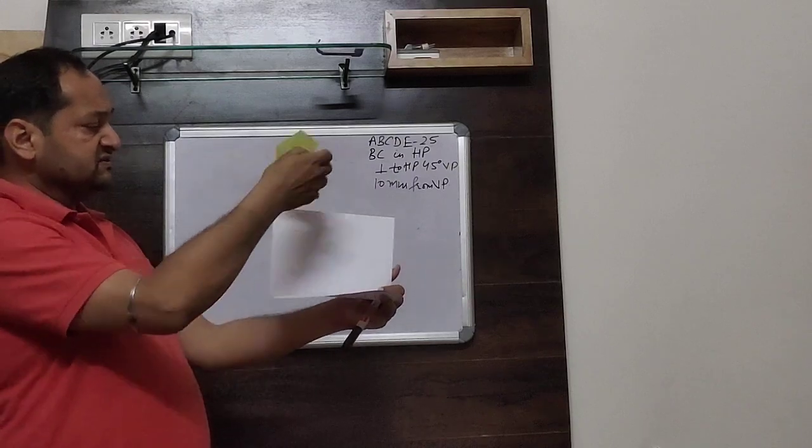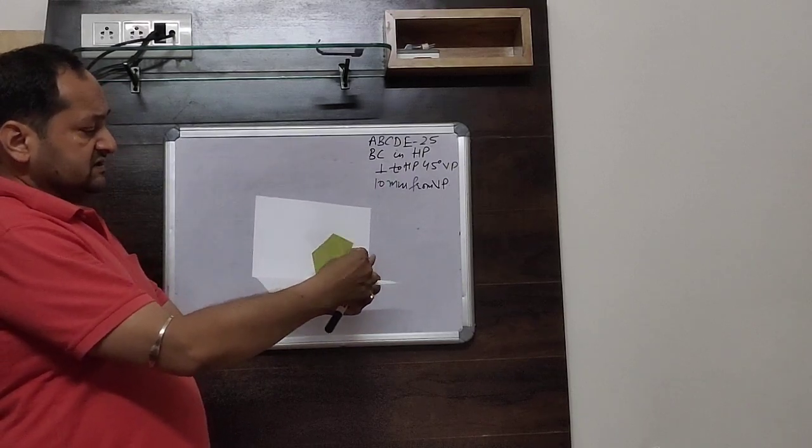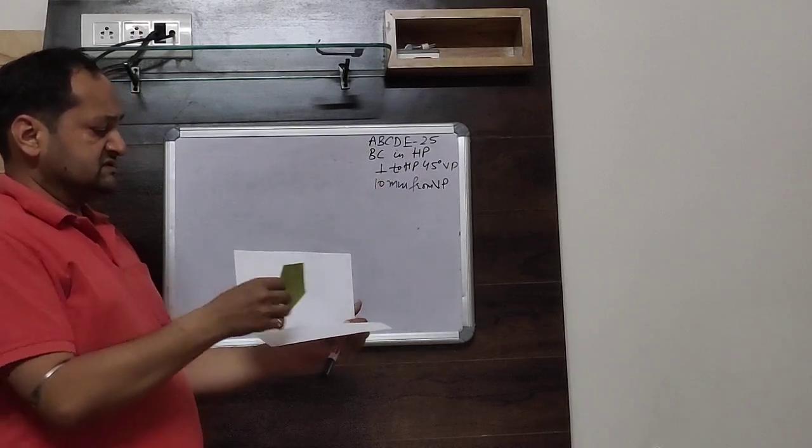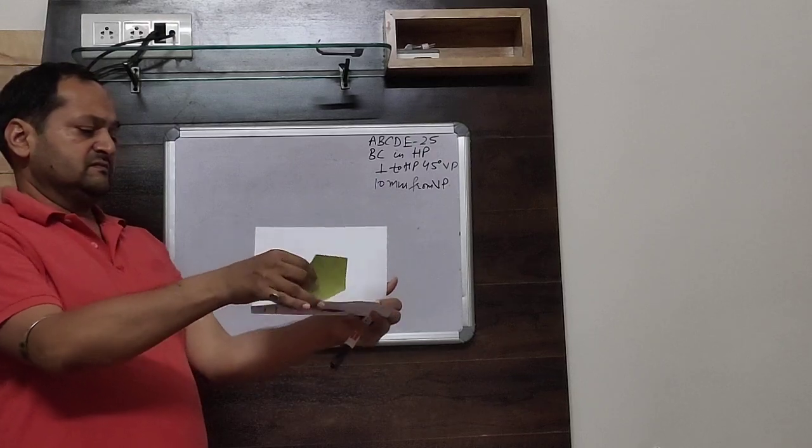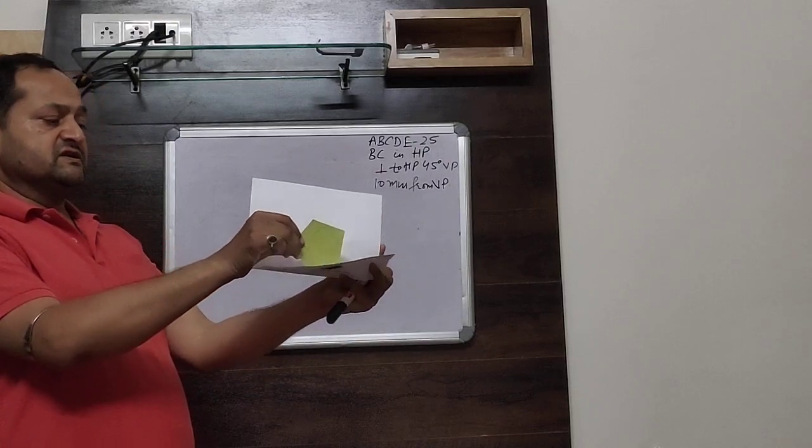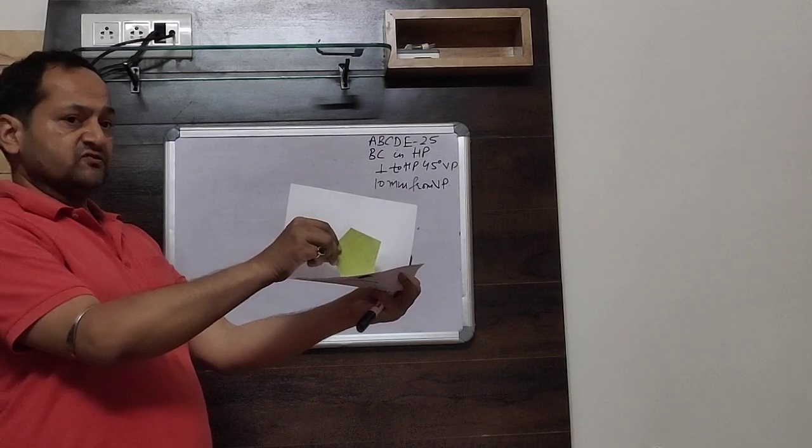This is HP and this is VP. Initially it is assumed like this.